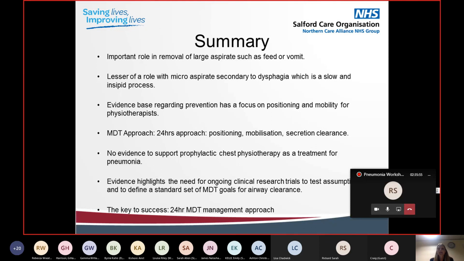There isn't any evidence to support routine prophylactic chest physiotherapy for pneumonia, and the evidence highlights the need for ongoing clinical research to test assumptions and to define a standard set of MDT goals for airway clearance.